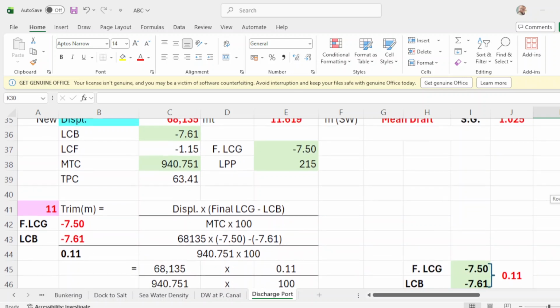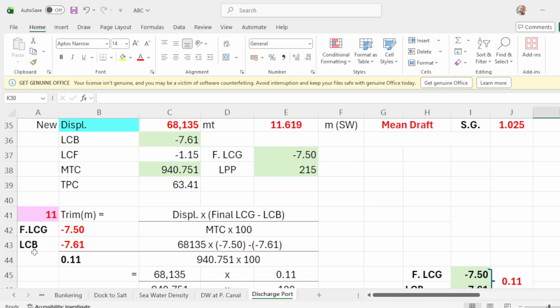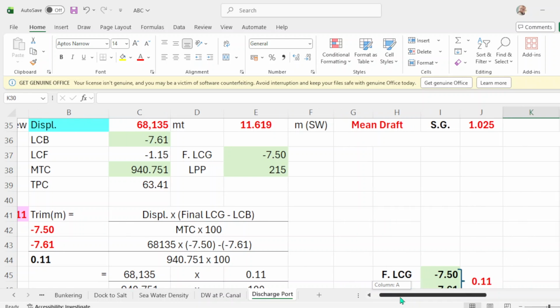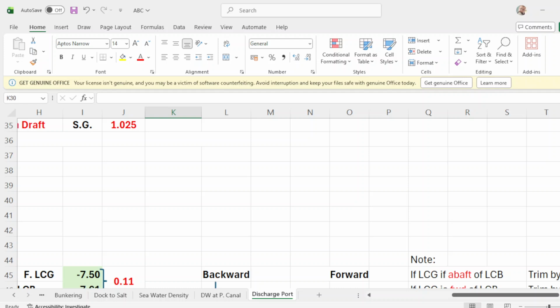Now, guys, I want you to take note of these two figures, the final LCG and LCB. If you analyze this figure, LCB is a little bit longer than LCG, meaning LCB is a little bit forward, ahead of the final LCG, and both are negative. So what does it mean?